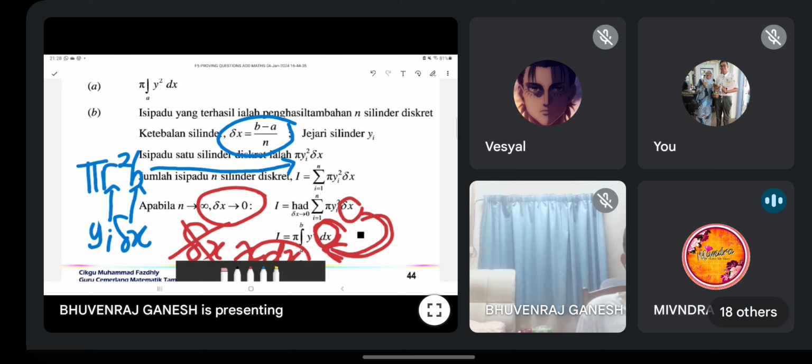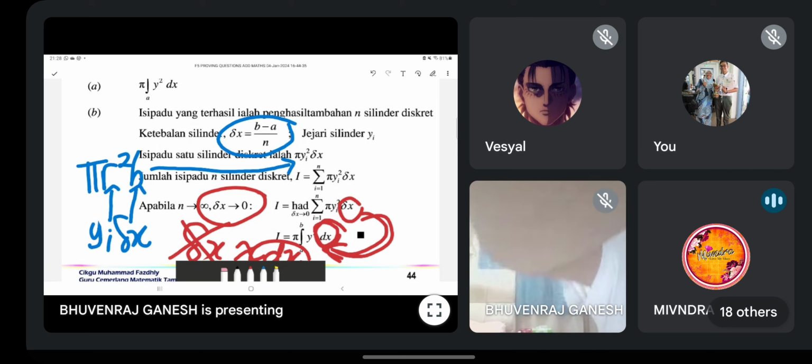Isi padu silinder kita guna rumus pi j square t, t tu ketinggian. Jejari kita dah dapat yi, ketinggian kita ambil delta x. So pi yi square delta x untuk isi padu.